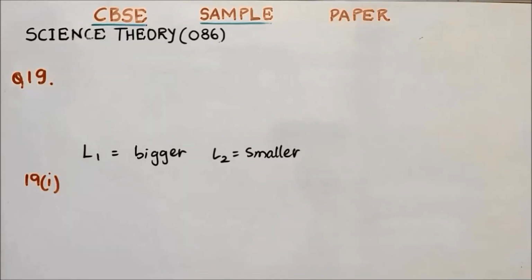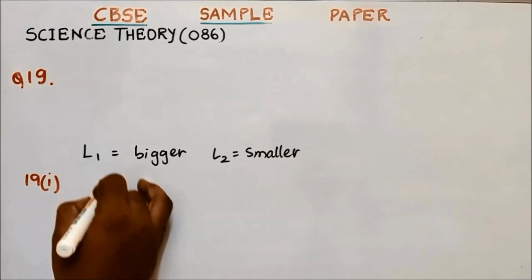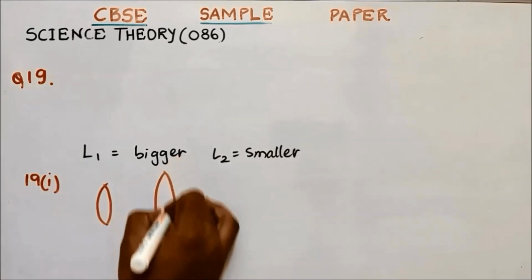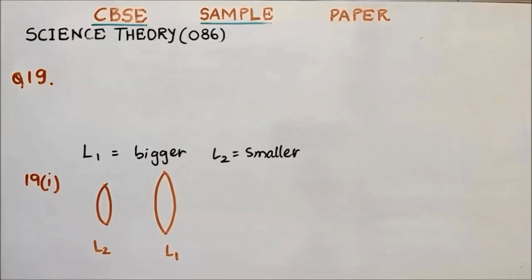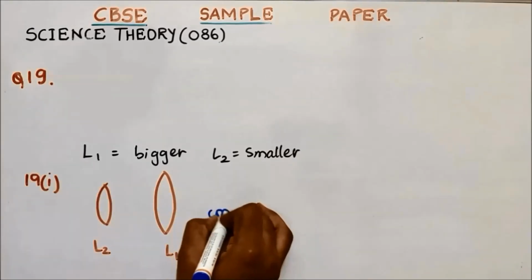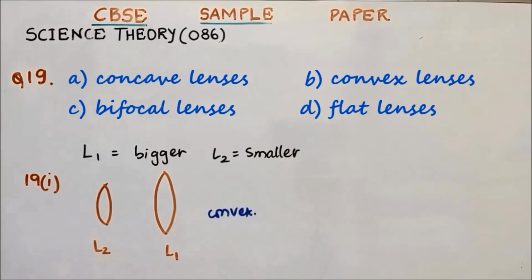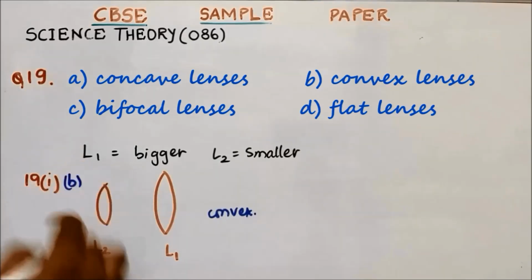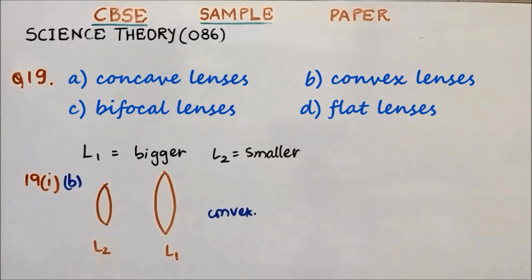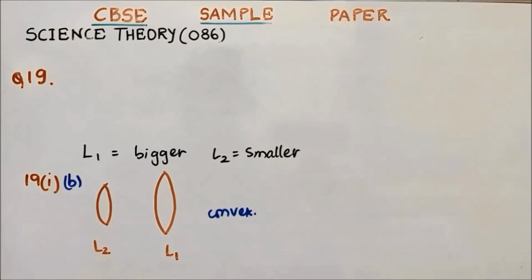Based on the diagram, the bigger one is L1 and the smaller one is L2. Both the lenses are convex. So which option is correct? Option B is correct. No need to draw or write anything. You just have to mention option B, and if possible, write there B, convex lenses.